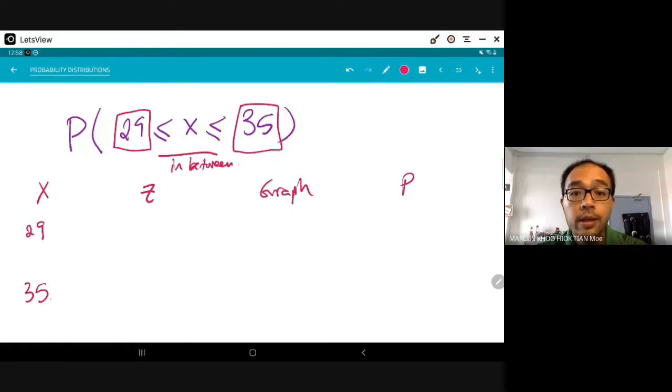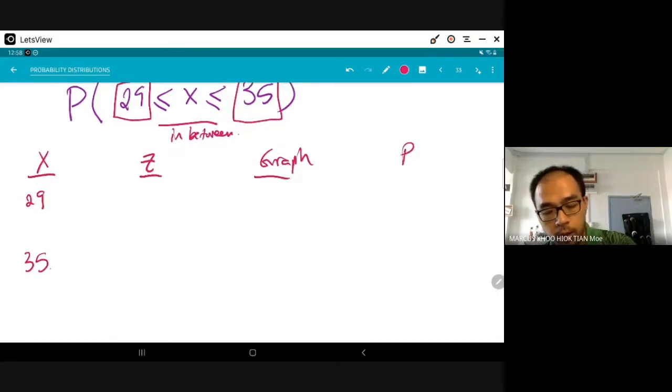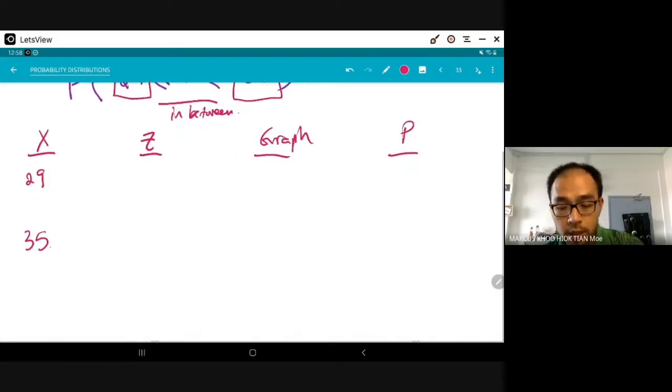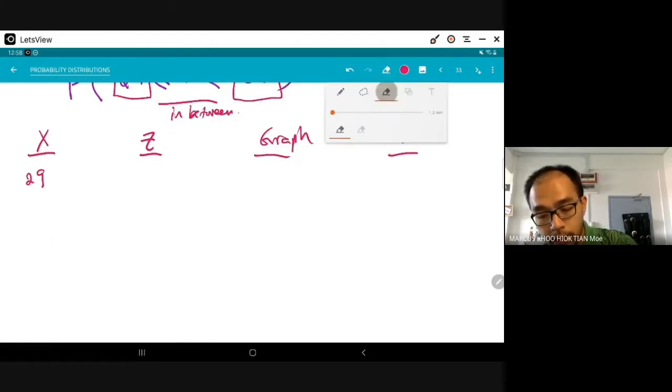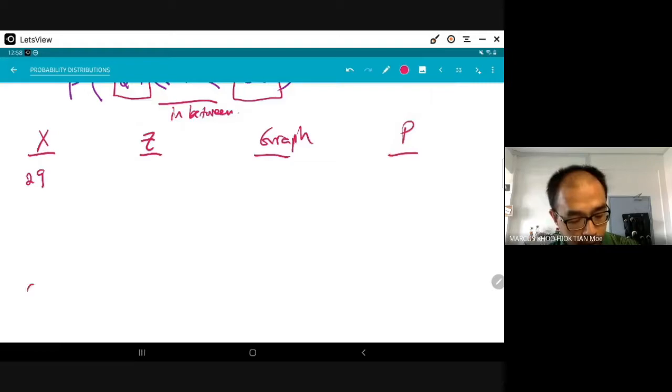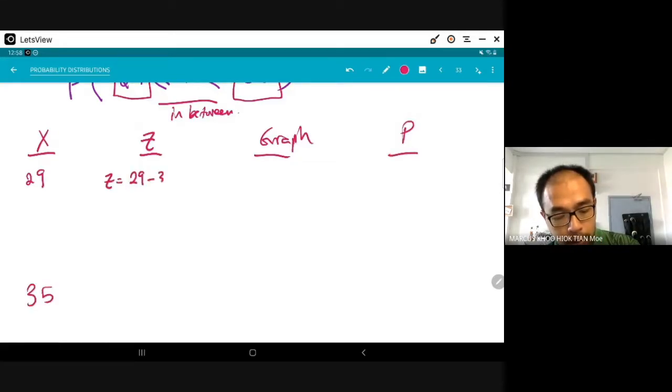Okay, let's convert each one to Z value. Okay, 35 over here. So this one Z equals 29 minus 32 over 2.5. And this one will be Z equals 35 minus 32 over 2.5.